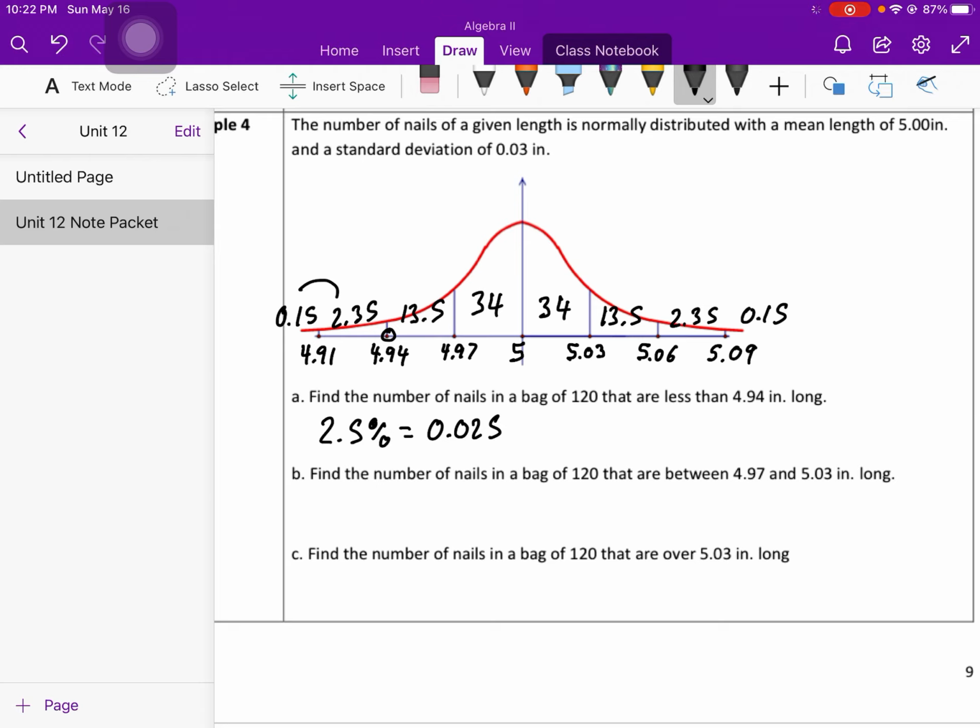We want to convert that to a decimal. And then we're going to multiply that with the total, which is 120. That is how many are in the bag. So that's going to end up being about 3 nails.